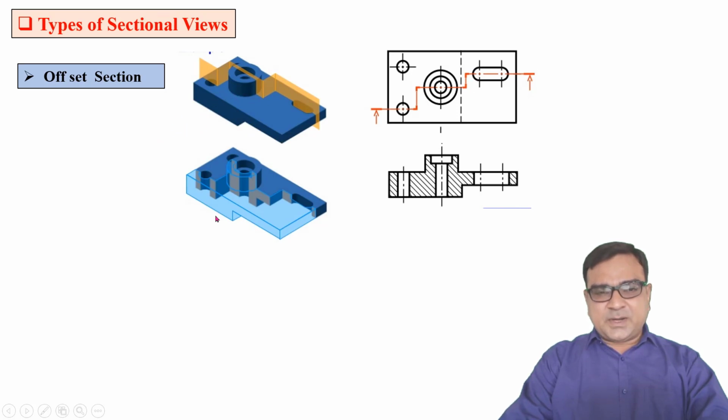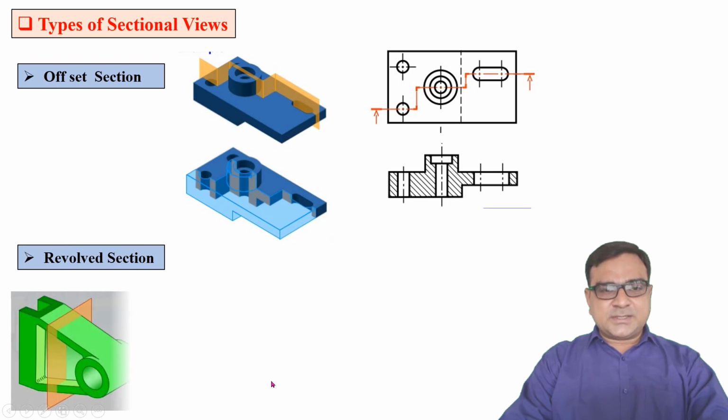When we remove this part, the back side of the object looks like this, and when we observe the front view, that is known as the sectional front view. This type of section is known as offset section. Here this line is known as the section line. This arrow represents that we have to cut the object from here, remove this part, and then see the front.